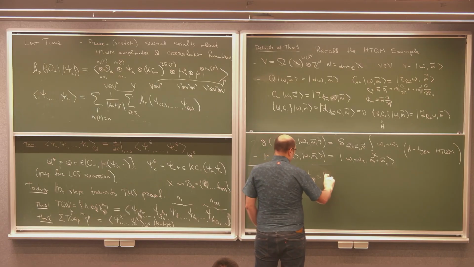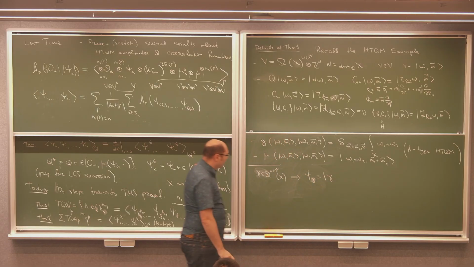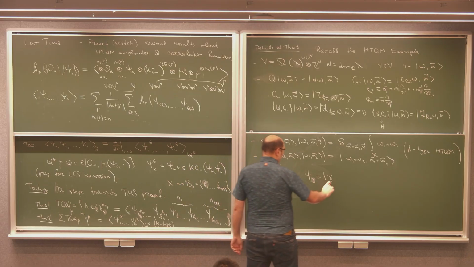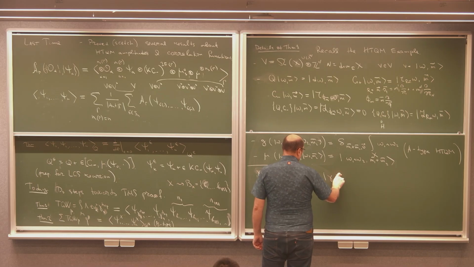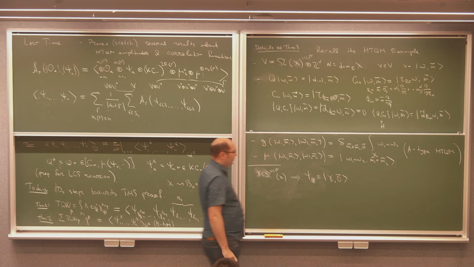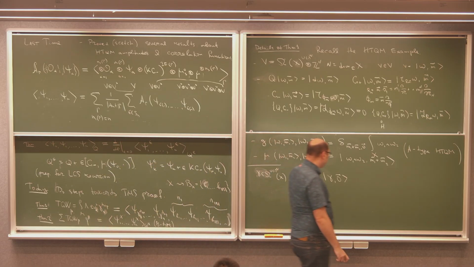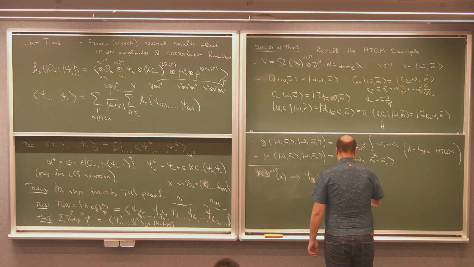We take the first entry to be gamma, and for the integer vector, we just set it to 0. That is our state psi gamma, and this state obeys some nice properties.